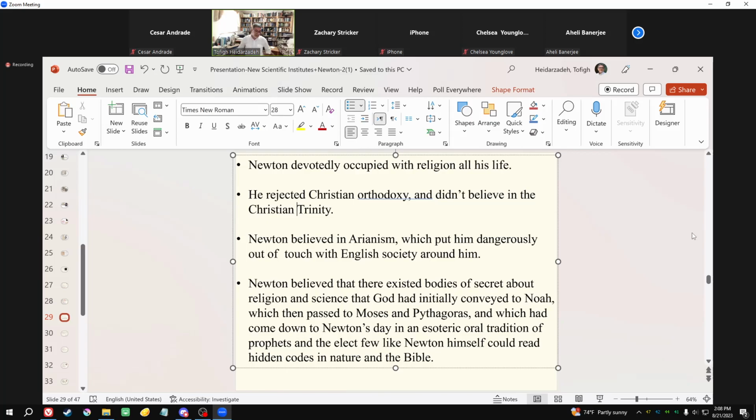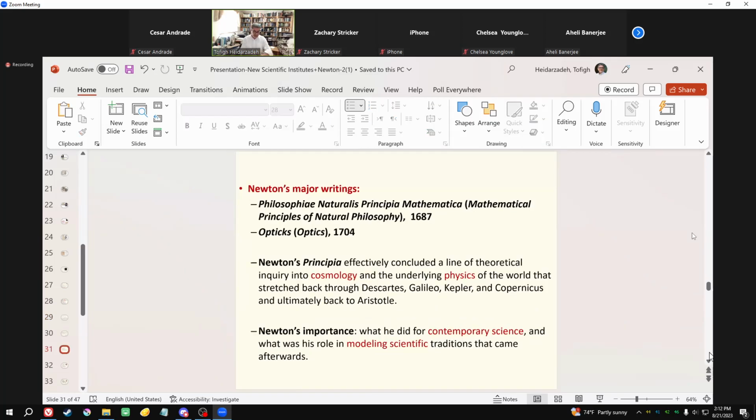So Newton's major writings were Philosophiae Naturalis Principia Mathematica, or Mathematical Principles of Natural Philosophy. Just look at the title. What's the title? Mathematical Principles of what? Natural Philosophy. And what was natural philosophy at that time? Physics. It was in the realm of philosophy.